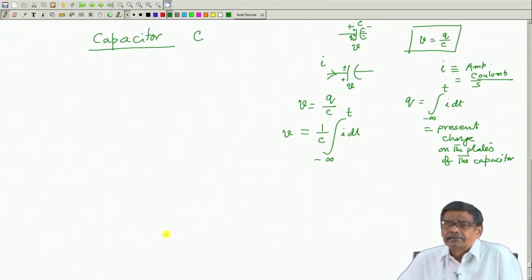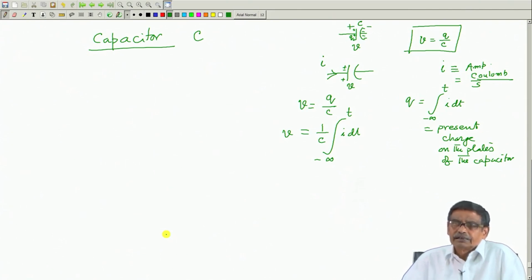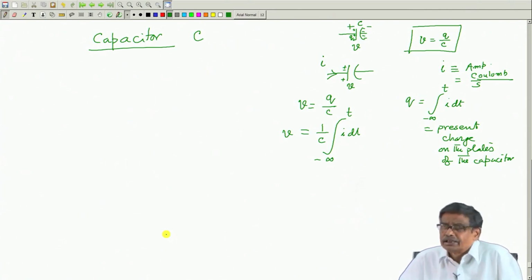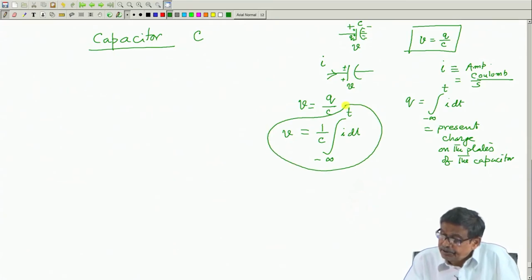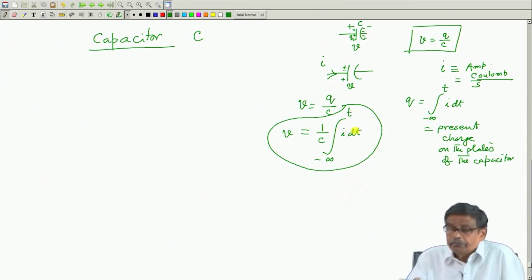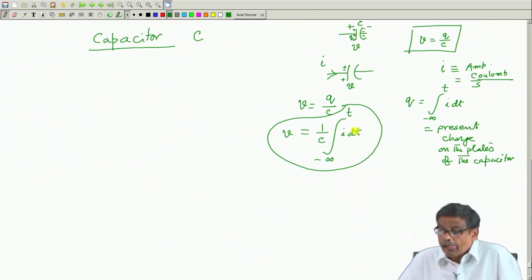While analyzing the circuit, we will not go to the extent of Q, because circuit solution means voltage and current. We do not generally go up to Q. So, this is the relationship between voltage and current across the plate of a capacitor.